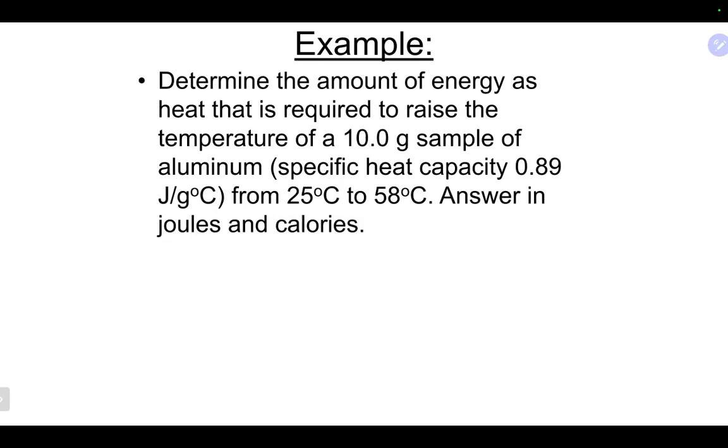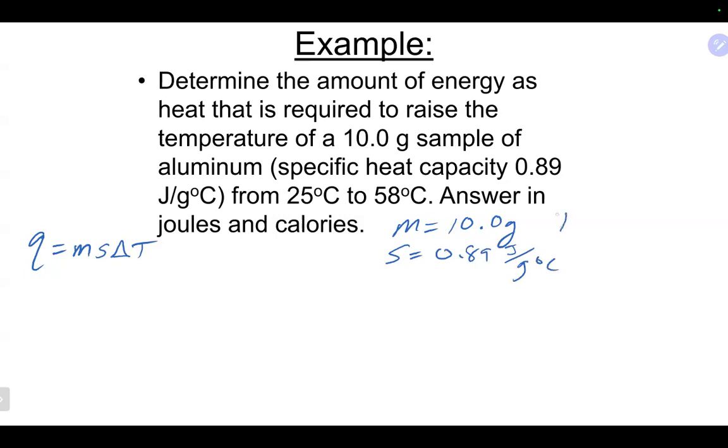So obviously we're dealing with specific heat, so we want to think about our equation, which is, again, Q is equal to m s delta T. In this case, we have the mass given to us, that's 10 grams. We also have the specific heat capacity given to us at 0.89 joules per gram per degree Celsius. We have our initial temperature, which is 25, and we have our final temperature, which is 58 degrees Celsius. So we really have everything that we need to plug into that equation.